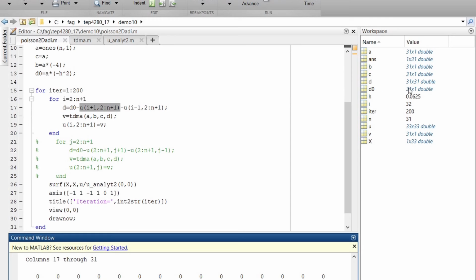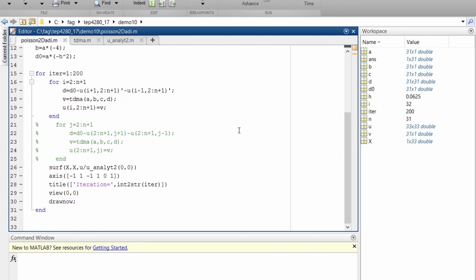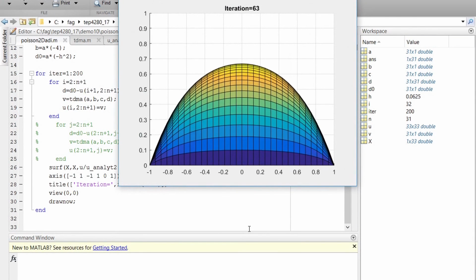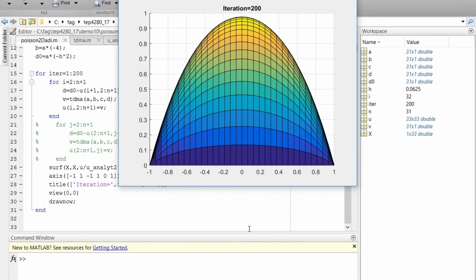The D that is a full matrix, 31 by 31, it should be a vector. So keep this list open. There you can find the answer to why the program doesn't work, and you don't get that error. So what should we do here? Well, you just transpose these two vectors like that, and then it should run. And that's not easy to find errors of that type, I can promise you.